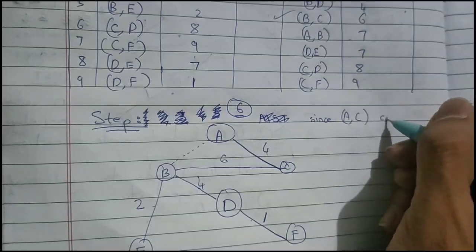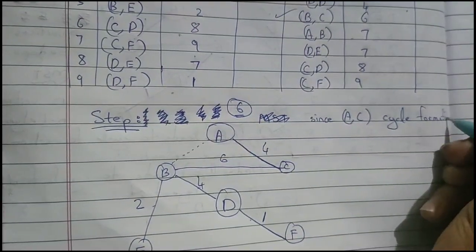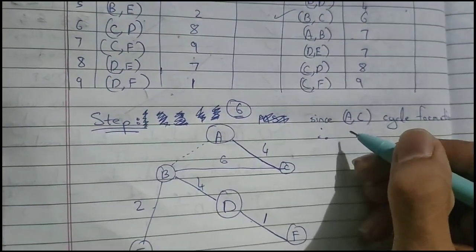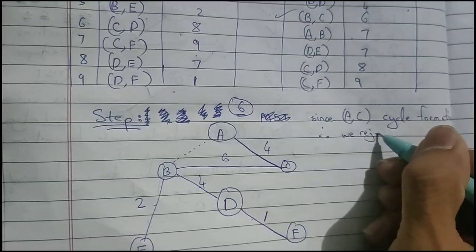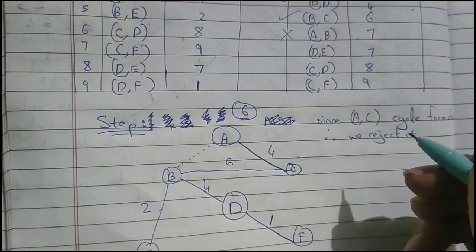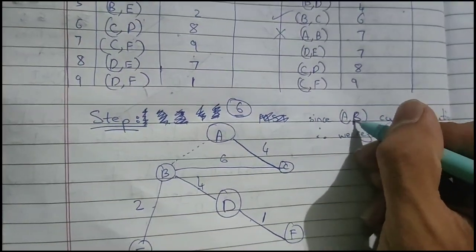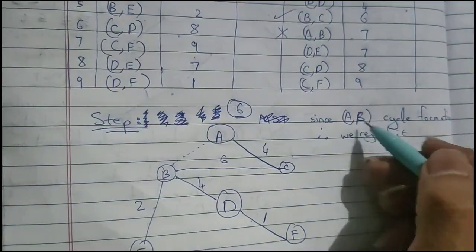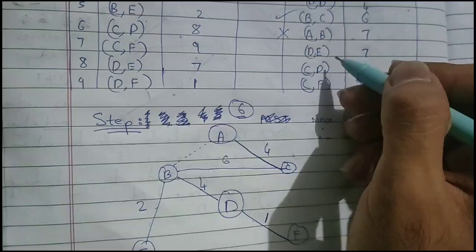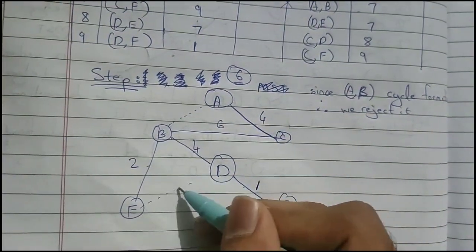Okay, so therefore we can just write a statement that since edge A comma C leads to cycle formation, I'm just writing in short, leads to cycle formation, therefore we reject it. Therefore this edge A comma B gets rejected. Sorry, wait, this was A comma B, I wrote A comma C. Sorry, A comma B leads to cycle formation, so it gets rejected.